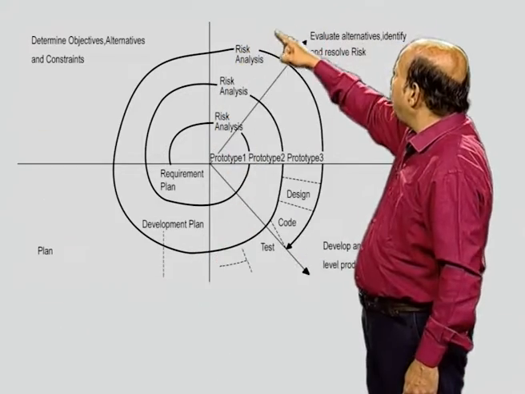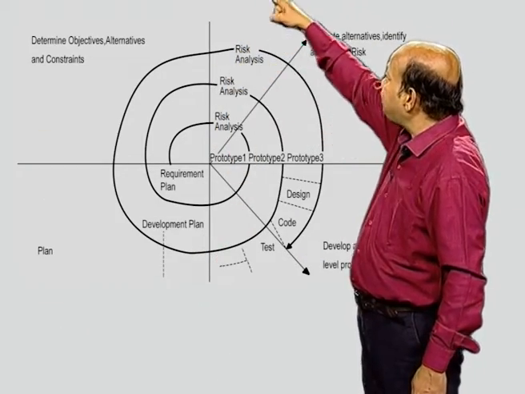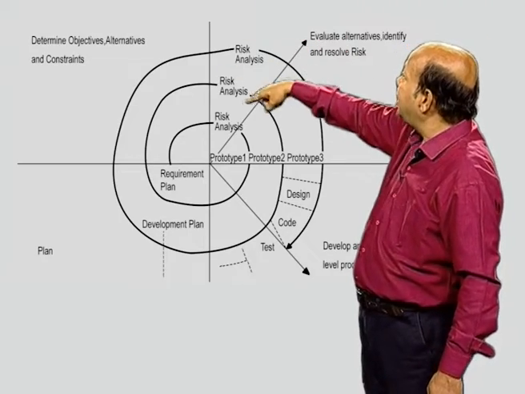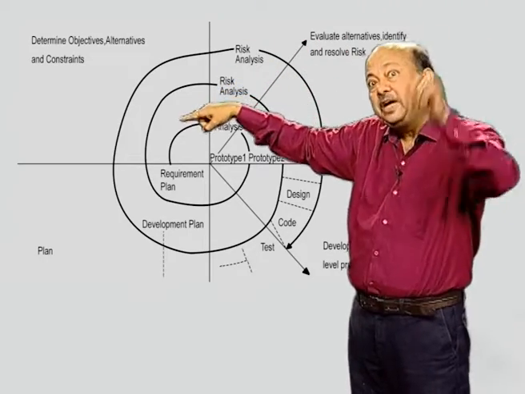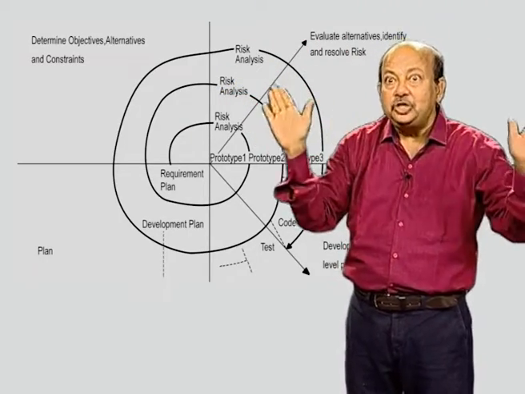Then they go for another spiral, another spiral, and they continue all the steps again and again. All steps are independent of each other, there is no correlation between the steps. That is why people have a lot of freedom, that whatever I am doing is independent of what I did last and independent of what I am going to do next. So, the risk is reduced.